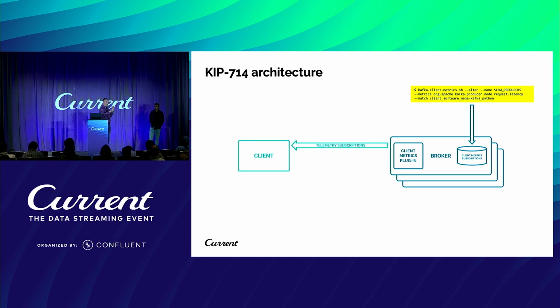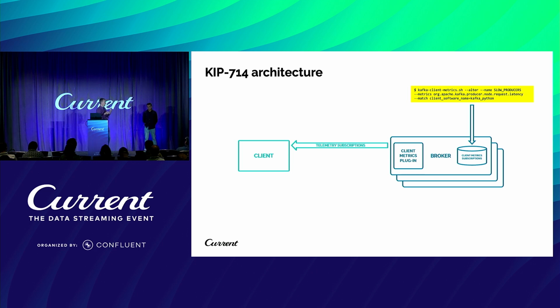When the client connects to the broker, it does an initial handshake, and if you know the Kafka protocol, you understand there's a lot of handshakes between the two ends. It says, what version are you, what kind of client are you, it authenticates, it gets metadata, and it adds another initial RPC to this flow called client telemetry subscriptions.